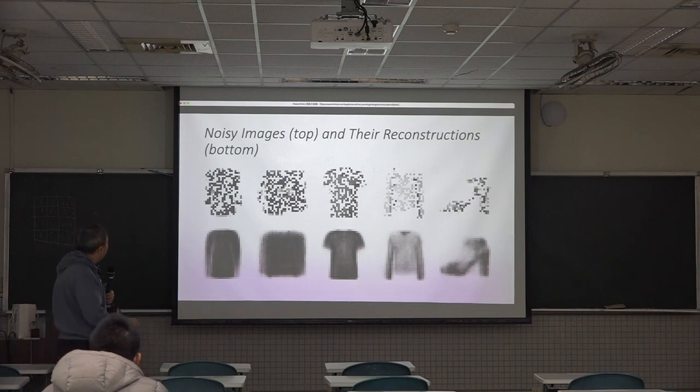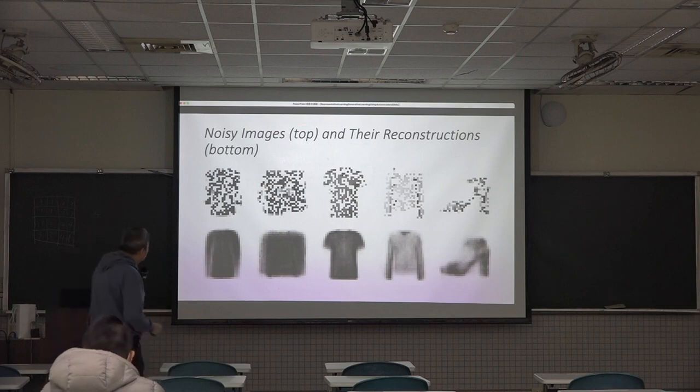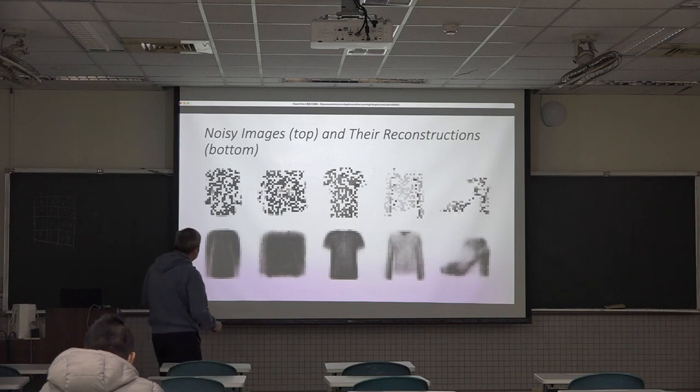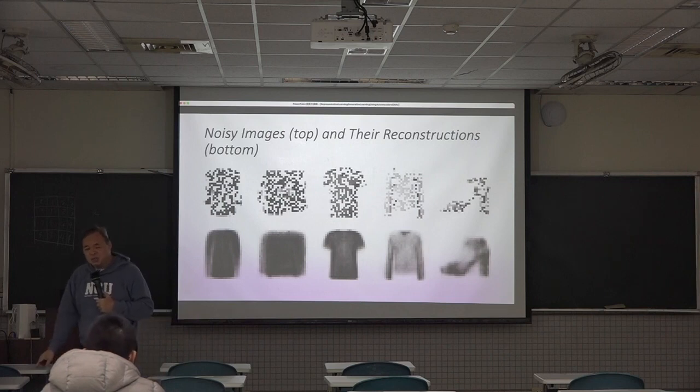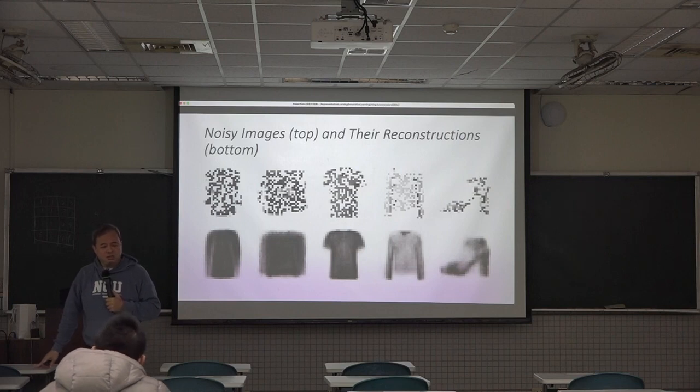So this tells you that you can use an autoencoder to fill out the missing values. Even when you have 50% of the values missing, the autoencoder can still find a way to do a good job for you.